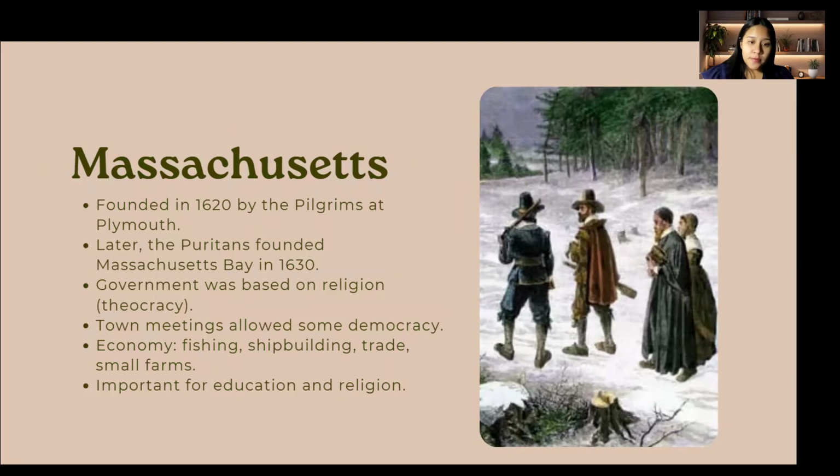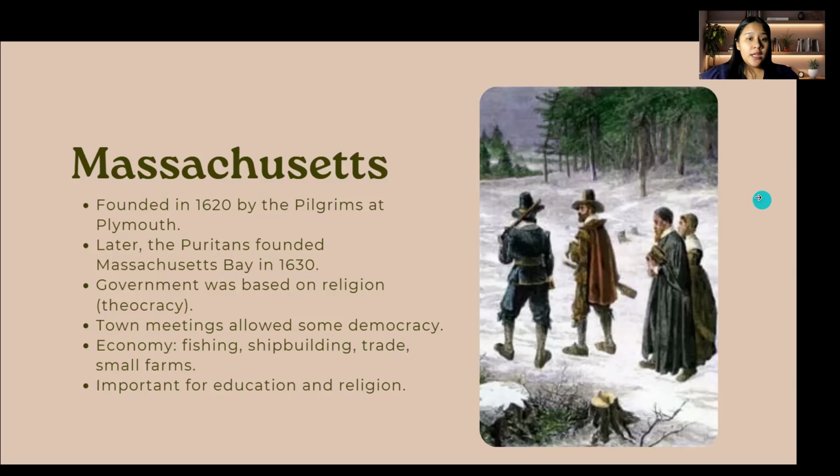So only church members could vote at first. But they also had something called town meetings. This meant that the men in the community could come together and vote on local issues. This was one of the first examples of direct democracy in America. Their economy was based on fishing, trade, shipbuilding, and small farms. Their religion and education were very important in their daily life.